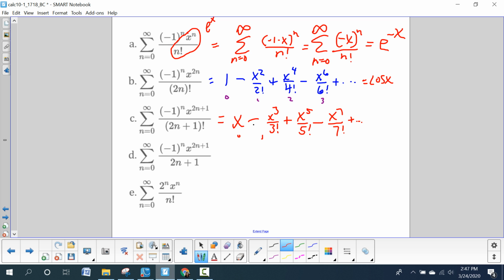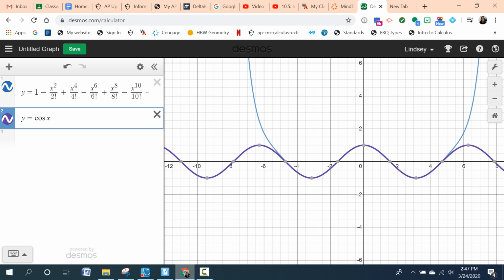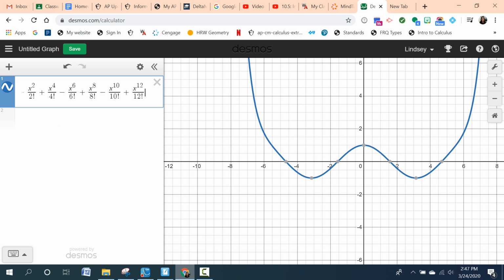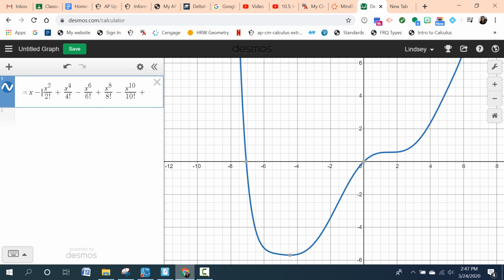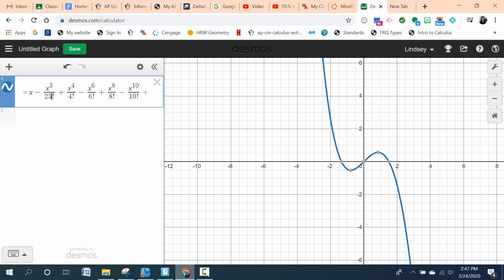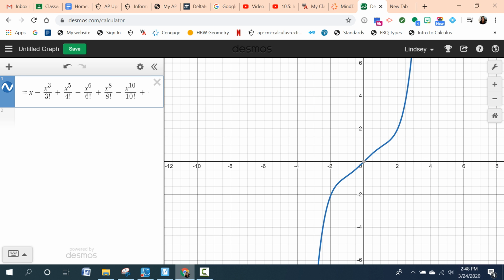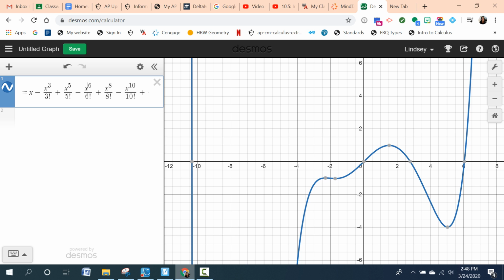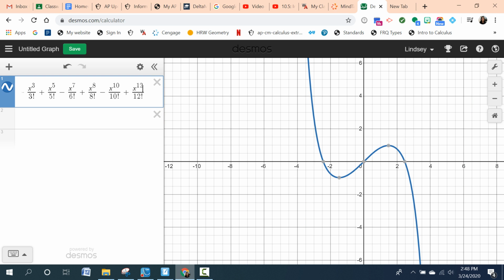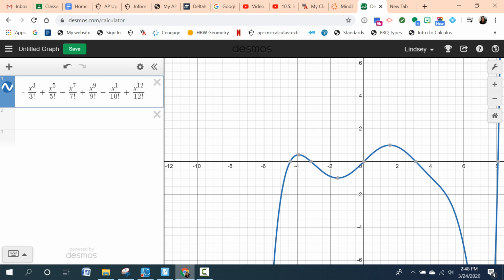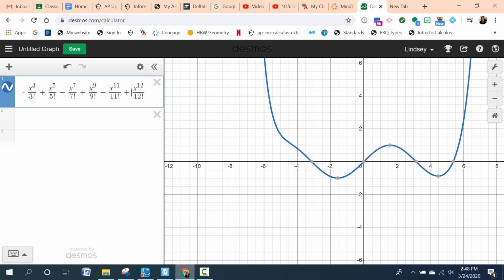And like I said, I'm pretty sure you've seen this one, and you probably have a really big hunch about what this one is doing, but I'm going to go ahead and do the same thing on this one. So it starts with x, and then it goes x cubed over 3 factorial, and then x to the 5th over 5 factorial, and then 7, and then 9, and then 11, because it was going odds.